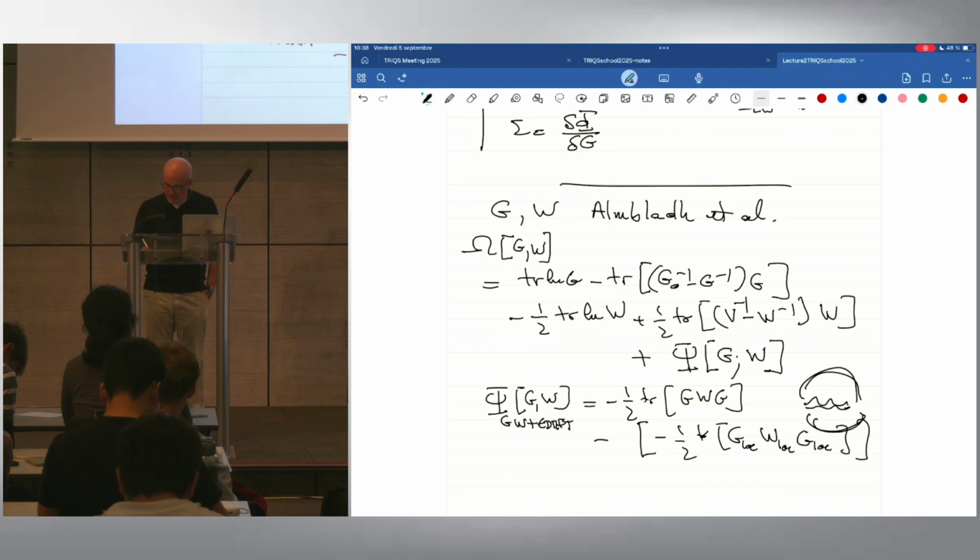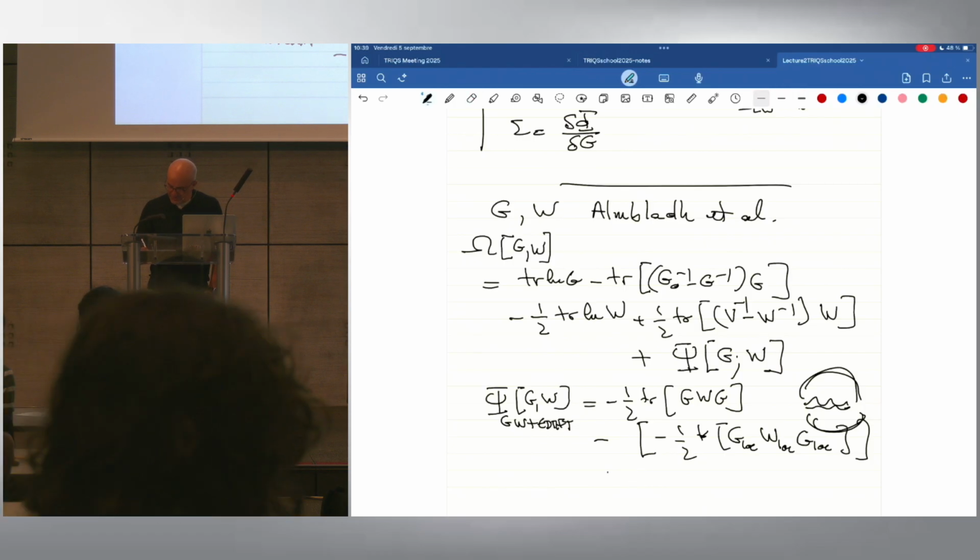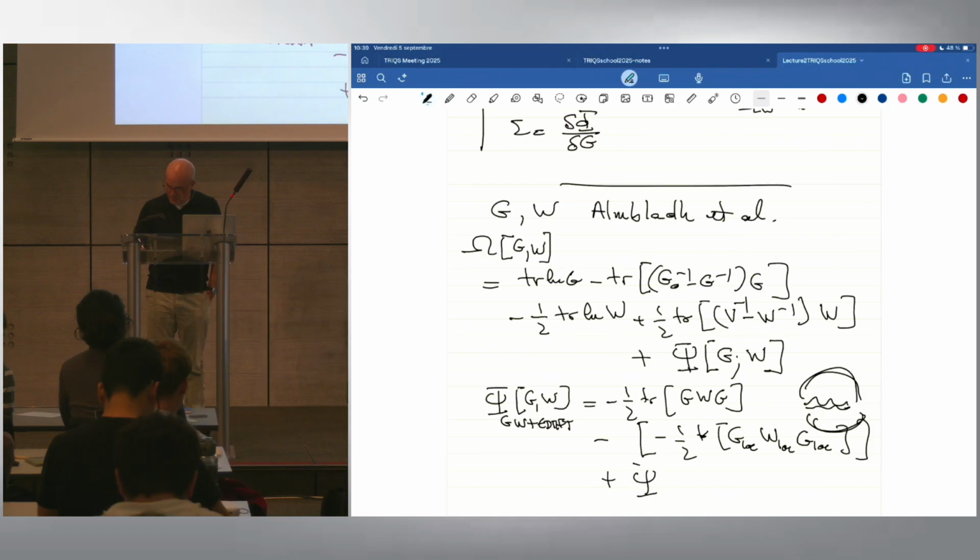And we add plus psi of the quantum impurity problem, which is a functional of G local and W local.